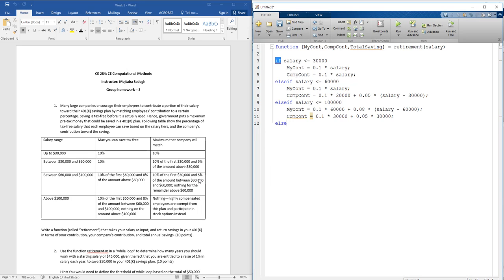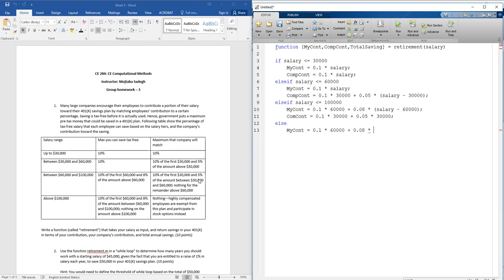And else, I don't have to put else if anymore because it is more than 100K and you can go to millions of dollars. It wouldn't matter. So that's else only. You don't need an if here. So my contribution in that case would be 10% of the 60K plus 8% of between 60K and 100K.